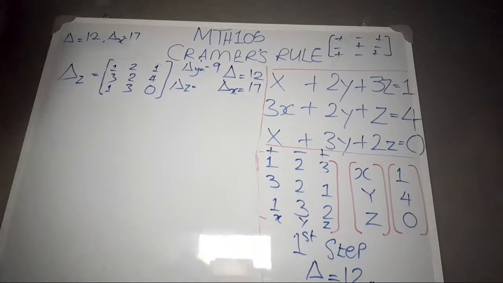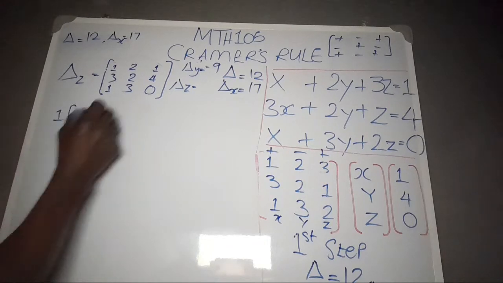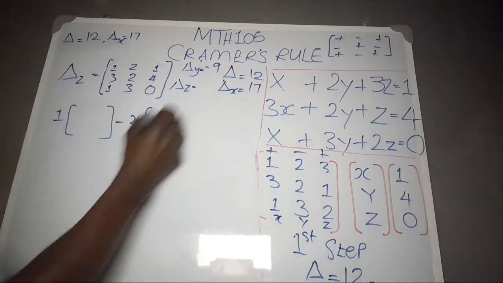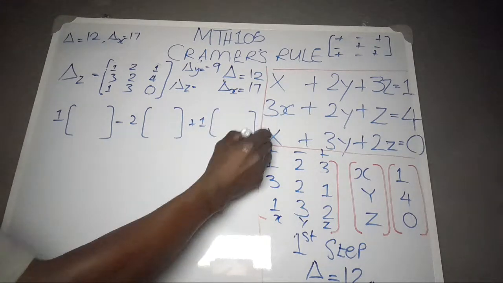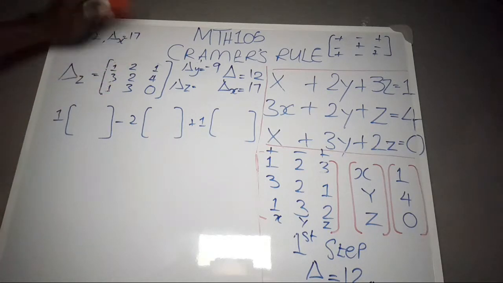So with this we can say for 1, we have this minus 2, then we have plus 1, and we have this. So now for 1, you can see we do our thing, we do this and we do that.